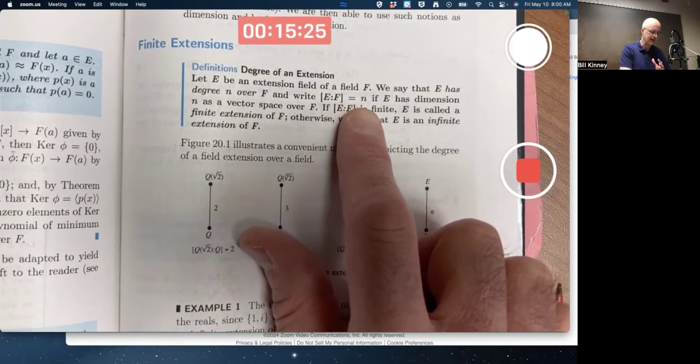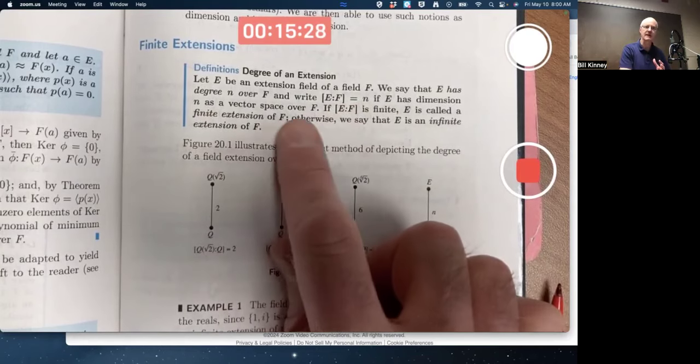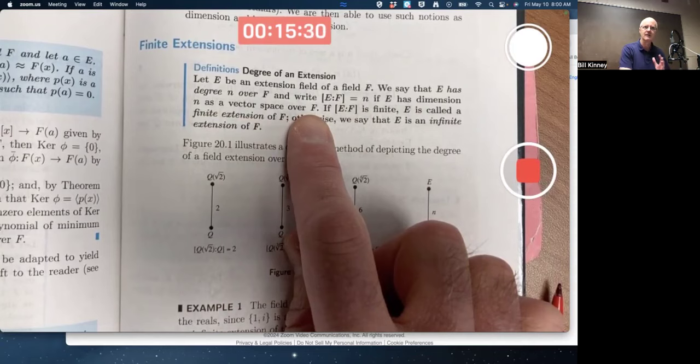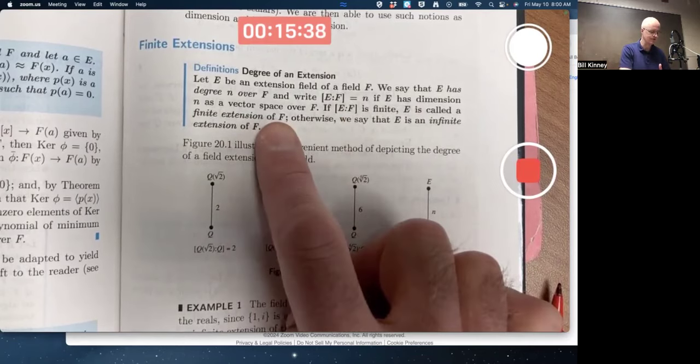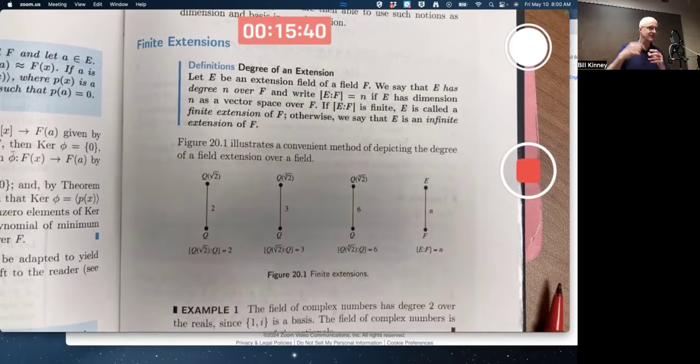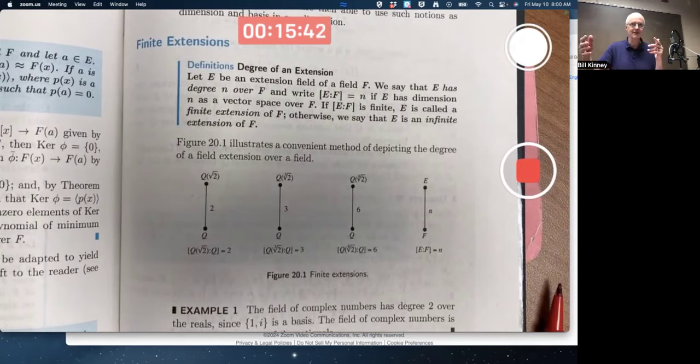We write that equals n if E has dimension n as a vector space over F. Furthermore, if that number happens to be finite, like for example, it's 3, then it's called a finite extension. Doesn't mean there's finitely many elements added to it, right? I've already emphasized that.